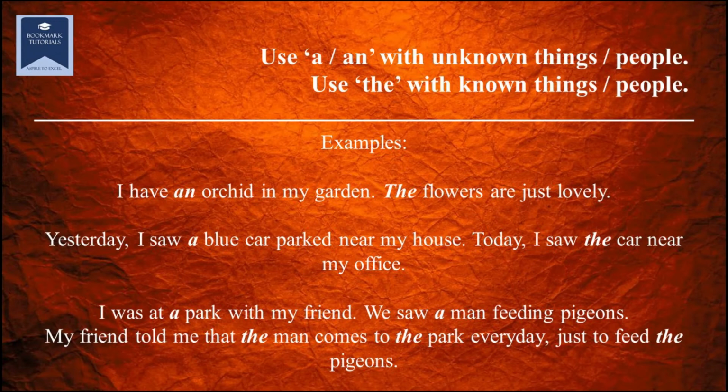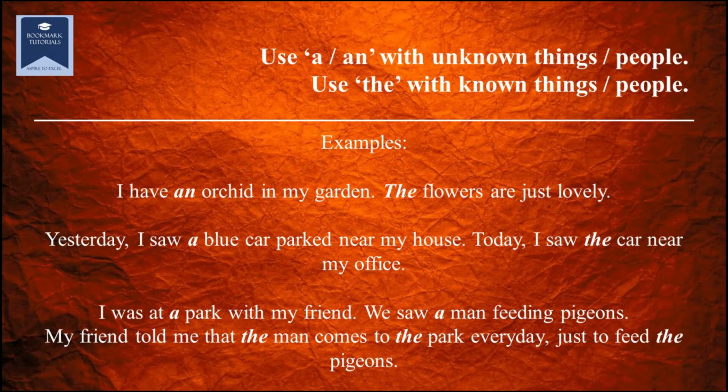Let's look at examples. I have an orchid in my garden. The flowers are lovely. Notice that the first sentence makes use of the article an, whereas the second sentence makes use of the article the.